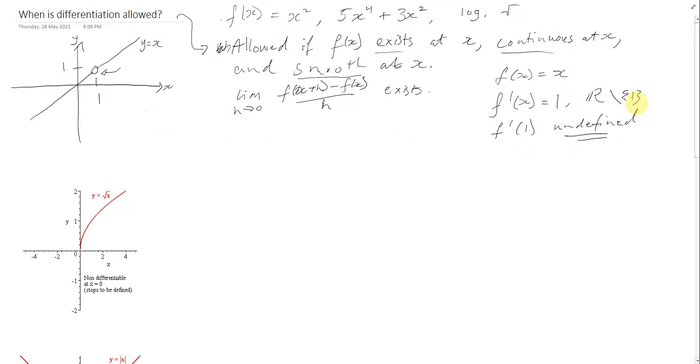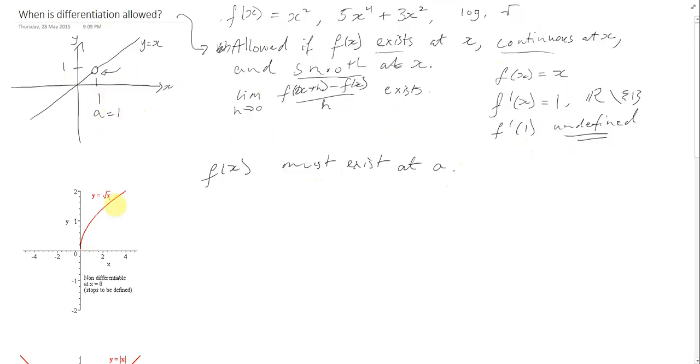It's not allowed at 1 because the function doesn't exist there. So we're talking here about f of x must exist at the point that you want to differentiate at. Maybe I should call this point a, so in this case, a equals 1.